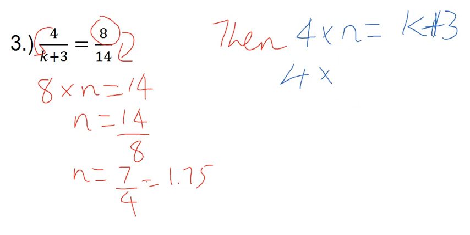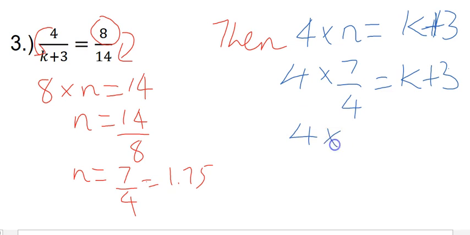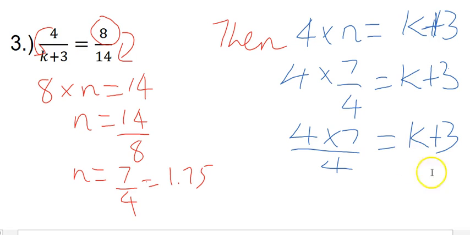So n is 7 over 4, which gives 4 times 7 over 4 equals k plus 3. So if we simplify that, we get what?